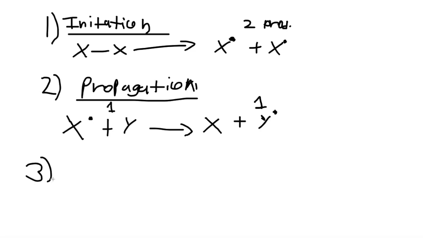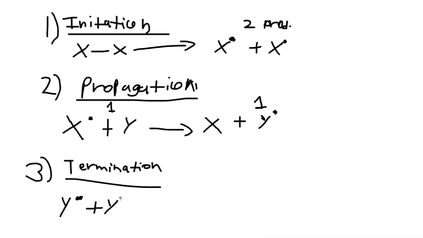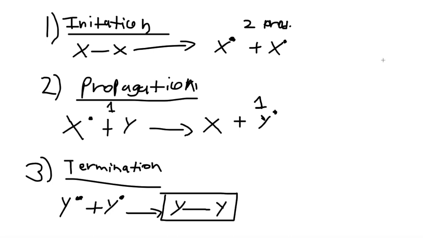Then our final step, termination, is that we would have two radicals on the reactant side, added with another reactant, and this would form into having zero radicals on the product side. So back to our original step, we go from two radicals on the reactant side to zero on the product side.